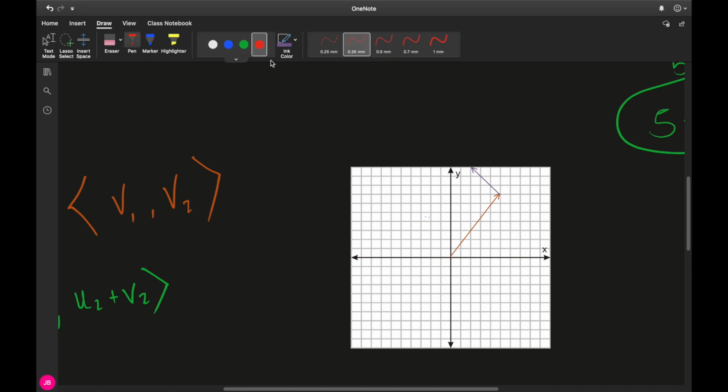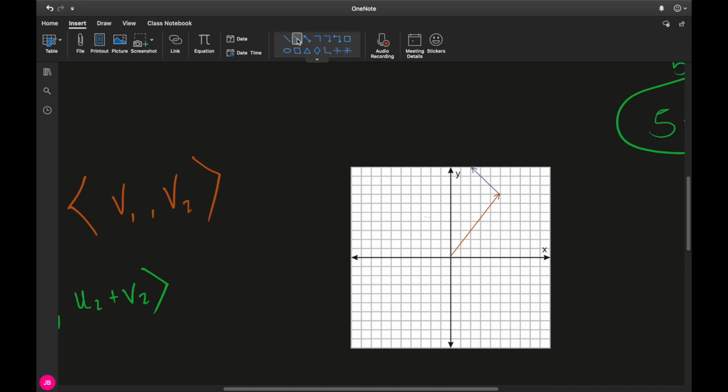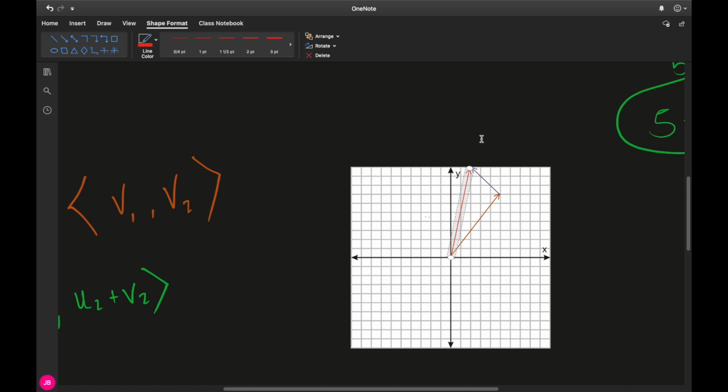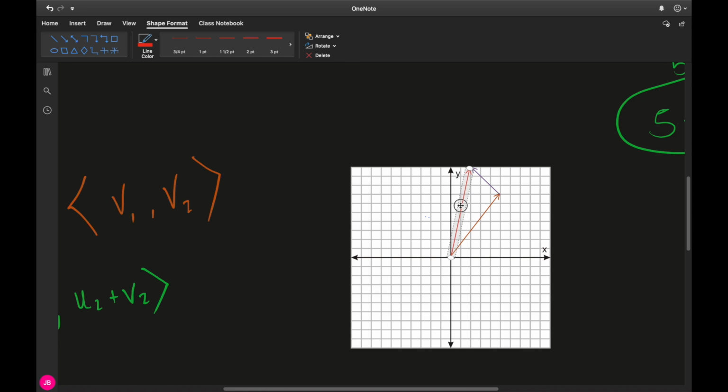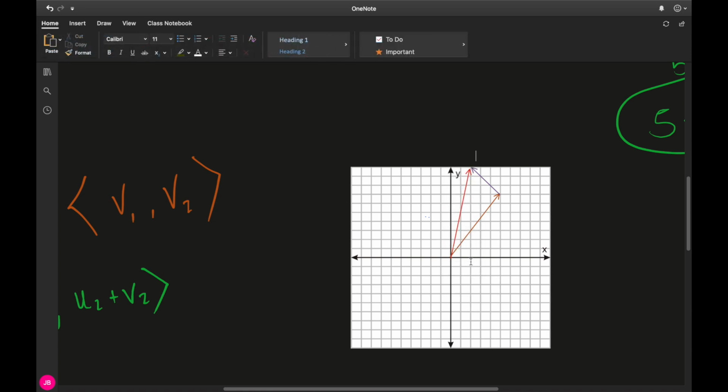And the new resulting vector will be from the very start, from the origin, all the way to the top of wherever that vector ends. Or the bottom. It could go any which way. So this, right here in red, is going to be the answer to your vector.